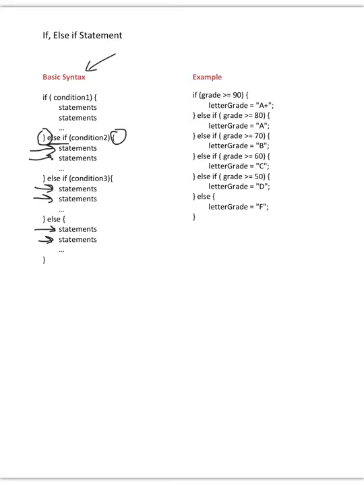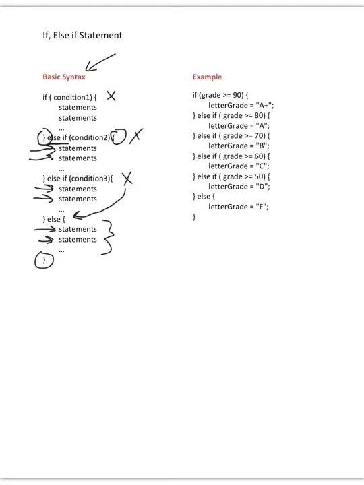So if none of these conditions return true, we want to jump into something that checks for any other option and then perform these statements. If nothing else is true, it will perform the statements at the bottom. And then again, we have to close that statement using a closing bracket at the end.